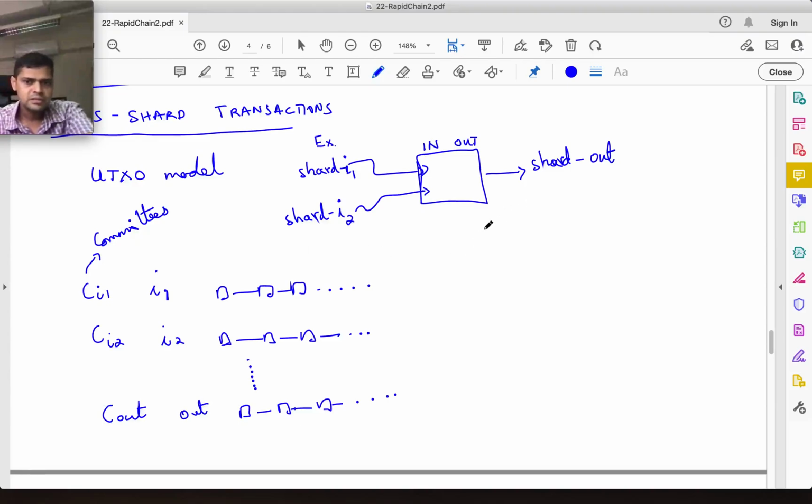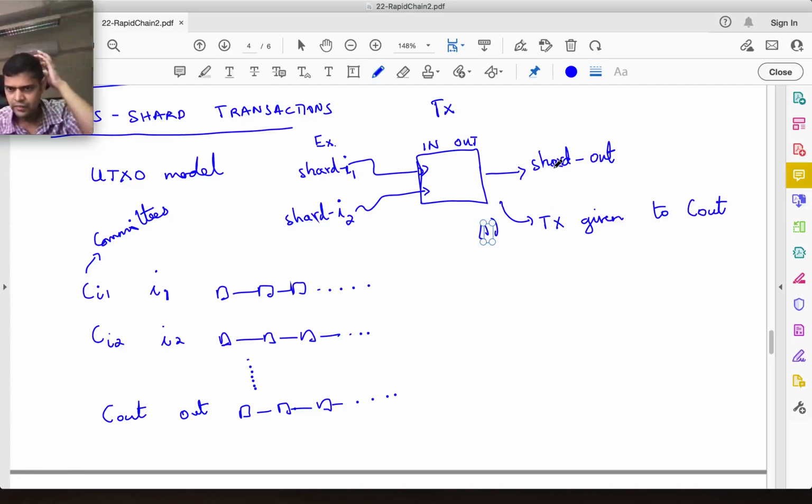So first, this is transaction, let's call this TX. TX is given to C out, because the money is going to be in this shard, right? After, suppose this transaction gets through, the money is going to be here, right?